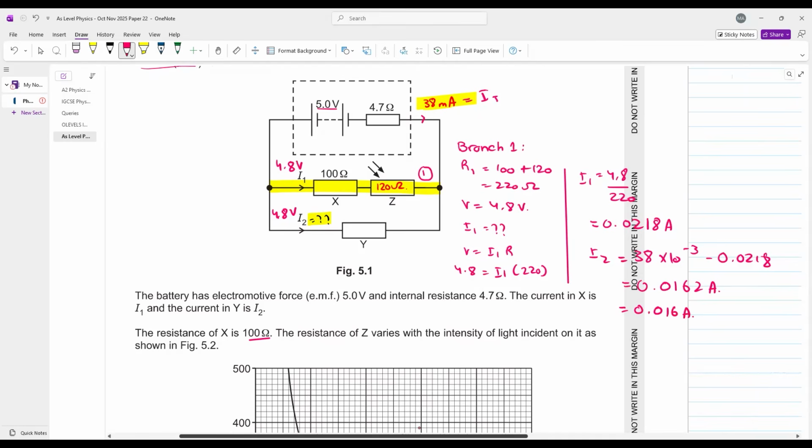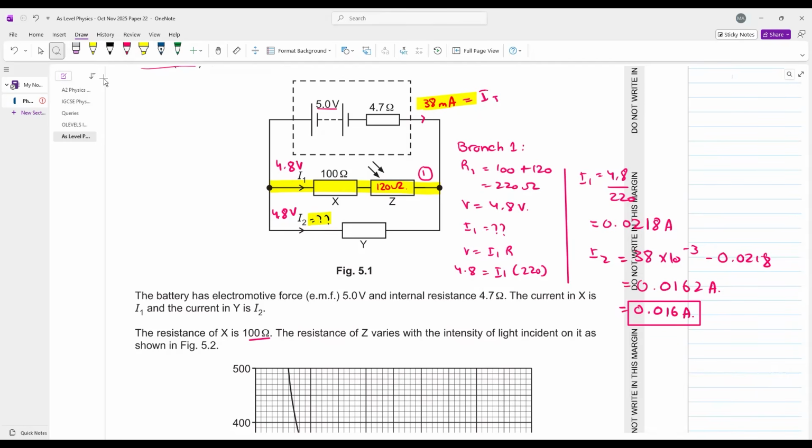So, how did I do this? First of all, I calculated the resistance of the LDR, calculated the total resistance in branch 1. Voltage in branch 1 is 4.8. Calculated the current in branch 1. Total current is 38 milliampere. I subtracted the current in branch 1 from 38 milliampere. Current I2 comes out to be 0.016 ampere.